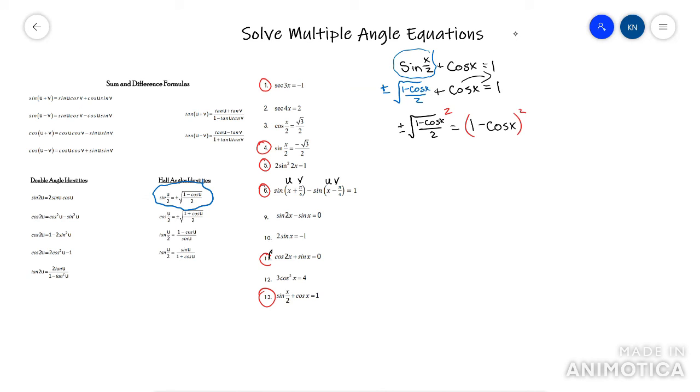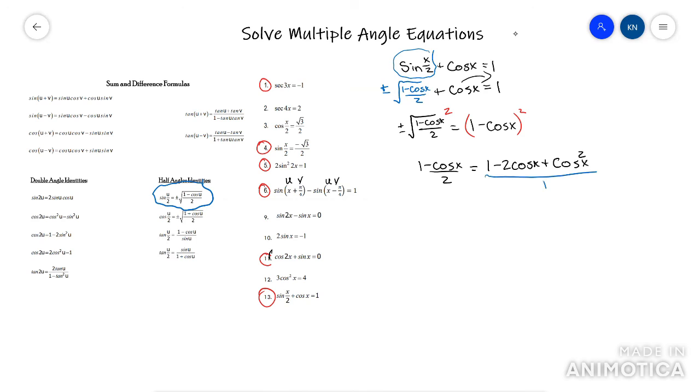So on the left side, well, it's easy. It just becomes 1 minus cosine x over 2. But on the right side, you have to FOIL that out. So you would get 1 minus 2 cosine x plus cosine squared. Okay. Now, I don't like this over 2.